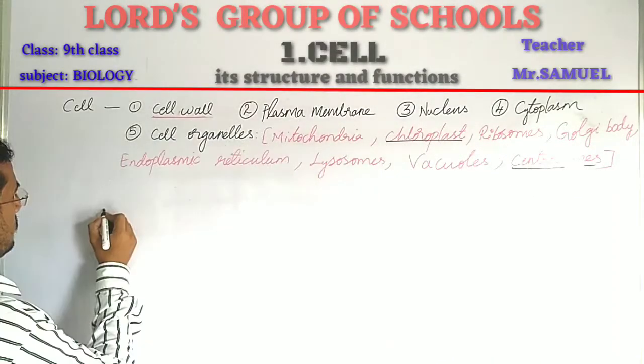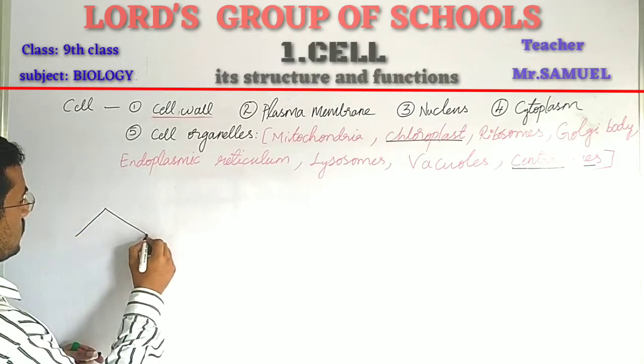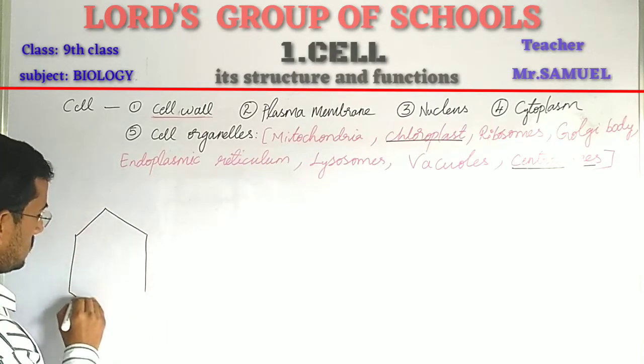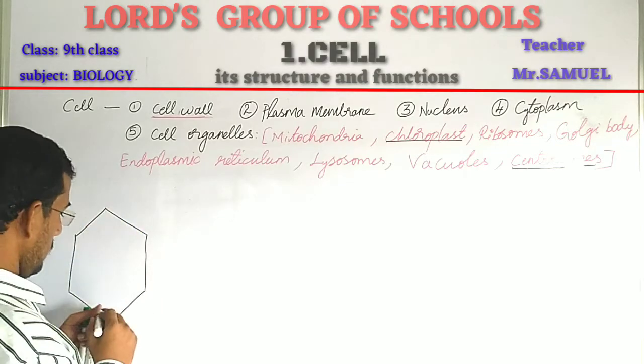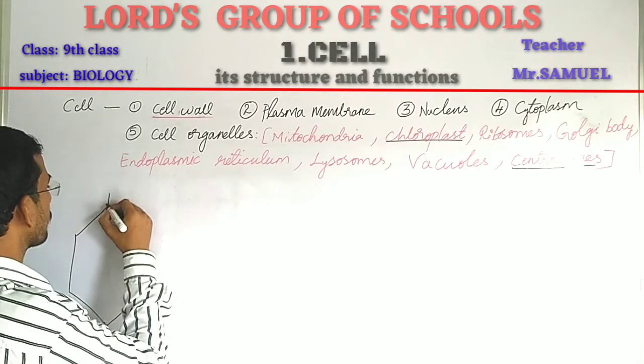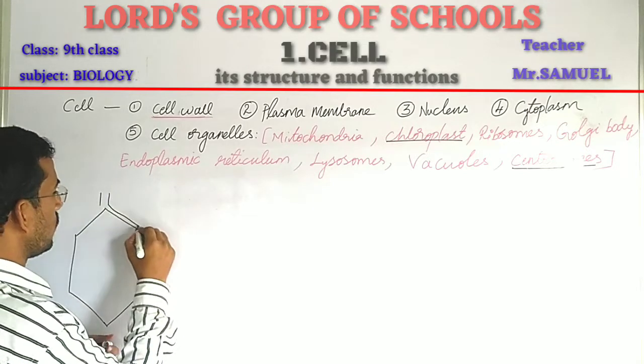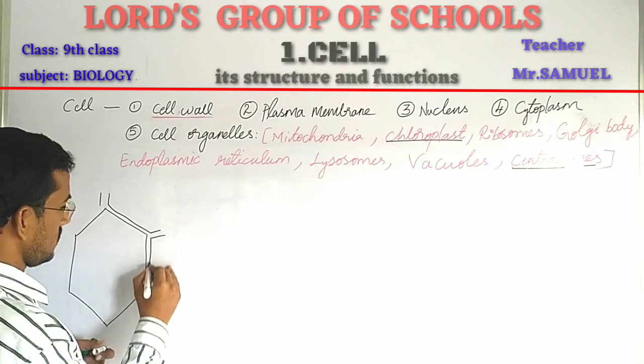So let us draw the diagram. So this is plasma membrane. Around the plasma membrane we'll see one more structure.